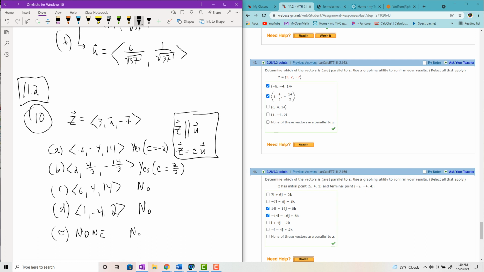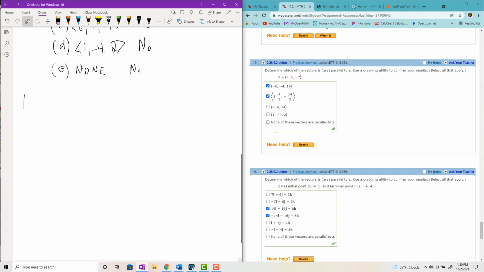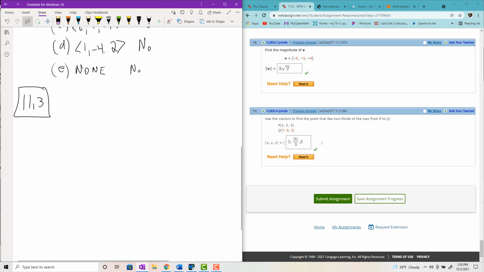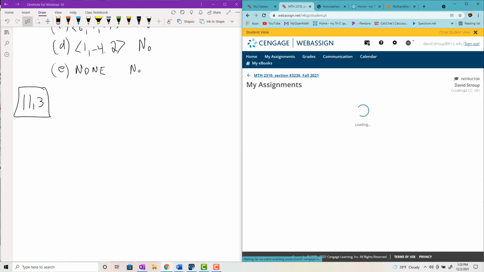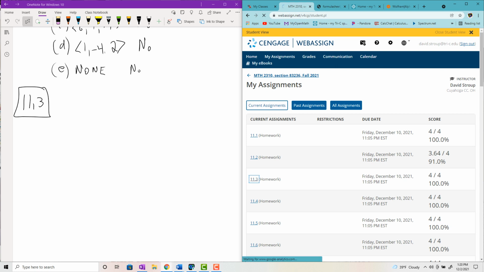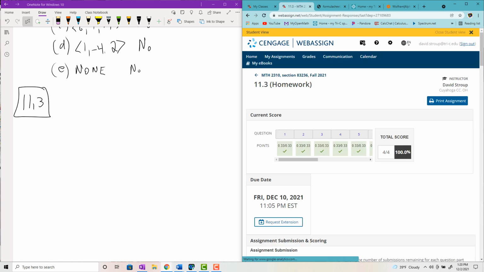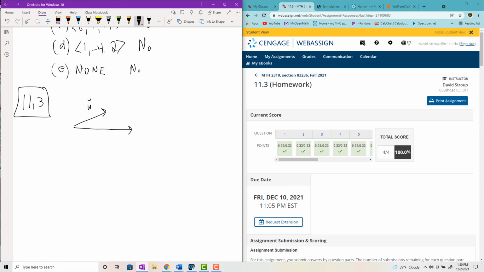Getting into 11.3, you'll have to know the projection formulas. If you remember, I'll rederive it for you. What we're looking for is a projection of some vector u onto some other vector v.